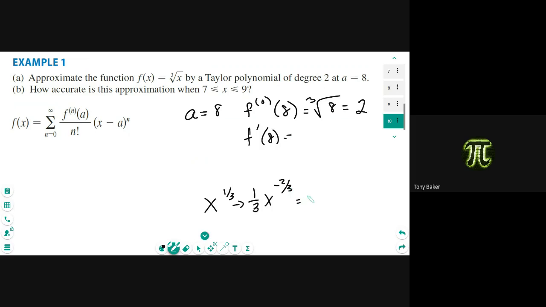So what's 1/3 times 8 to the negative 2/3? The cube root of 8 was 2, right? 2 squared is 4, times 3 is 12. So it's 1/12.